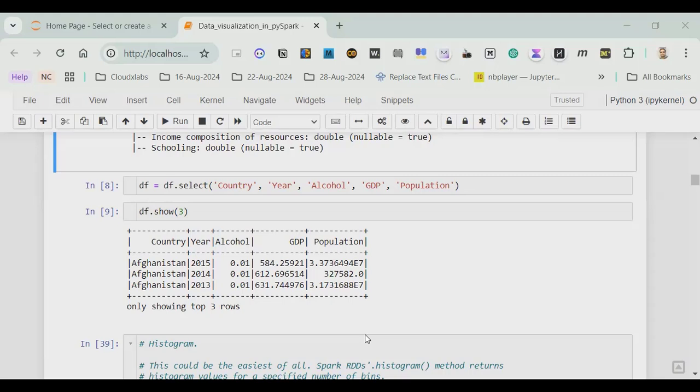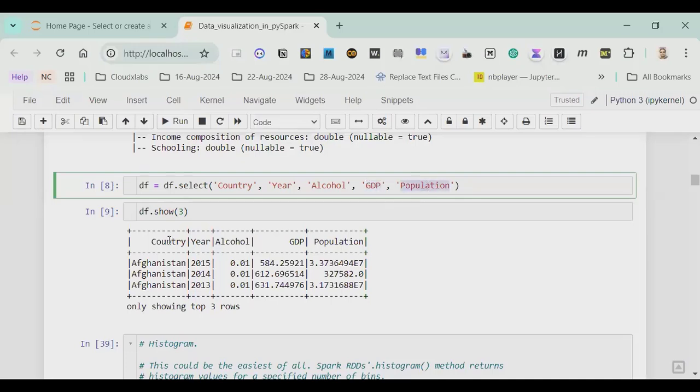To create any plot, we know there are bar plots, scatter plots, and histograms. There are so many things. So now we will do it this way. Here, I'm selecting just country, year, alcohol, GDP and population.